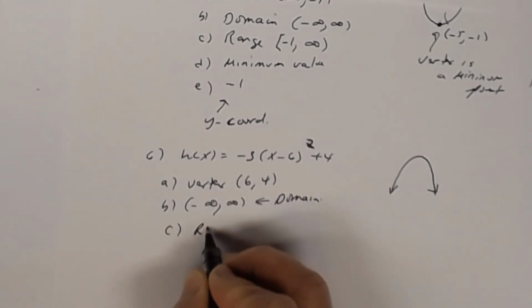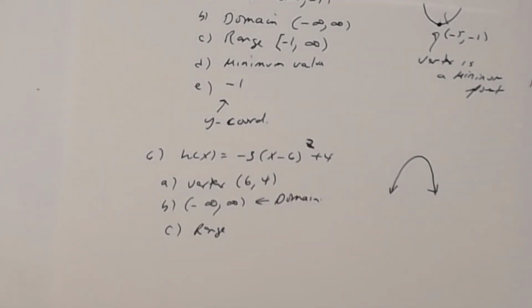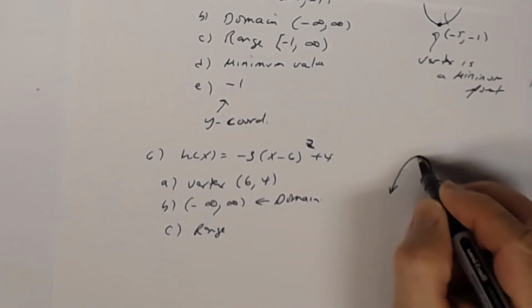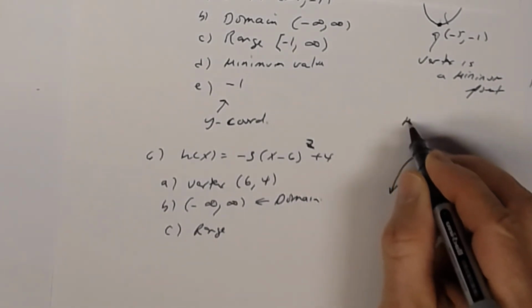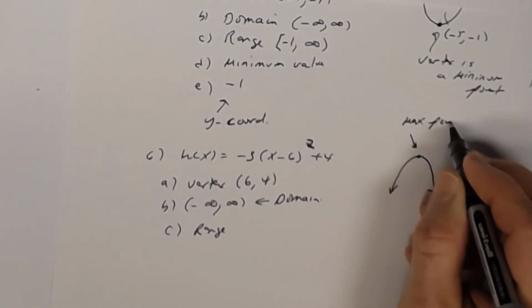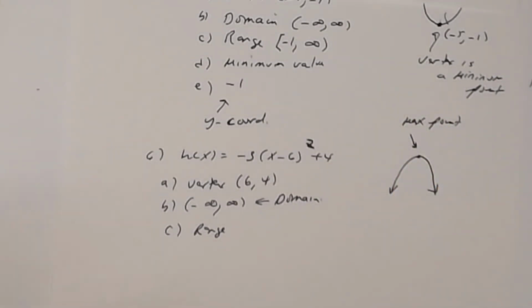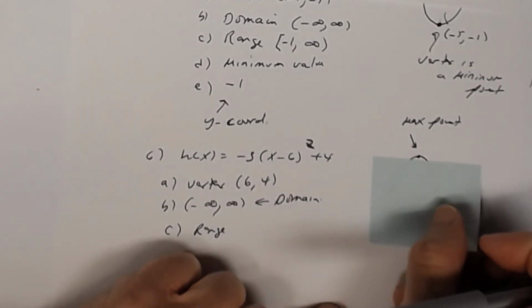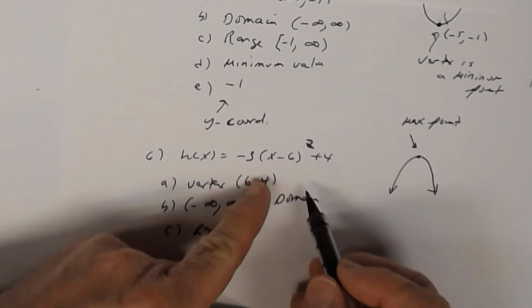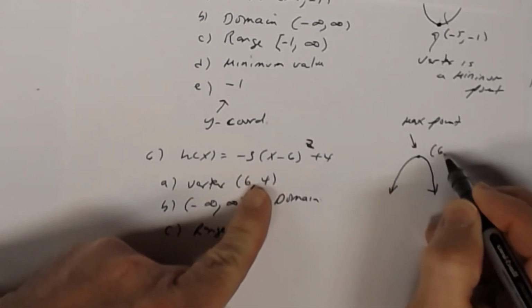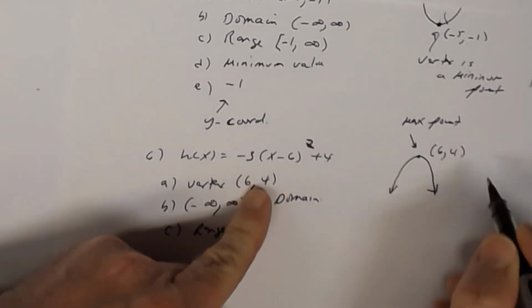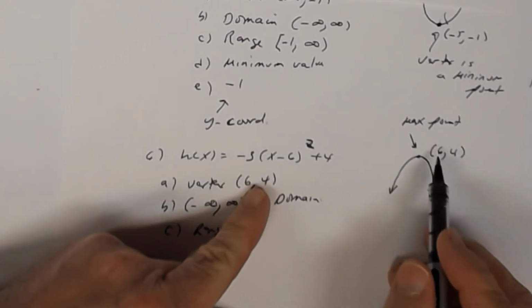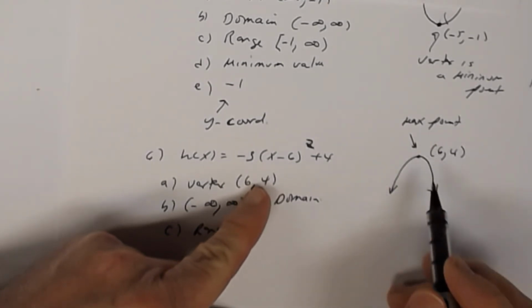C was your range. Now remember your range. Remember this is pointing down, right? And so notice that your vertex is a maximum point. That's your vertex, a maximum point. So notice that I'm going from negative infinity all the way to this y value right here. So it's a good idea to indicate that maximum point as (6, 4), an x, y coordinate.